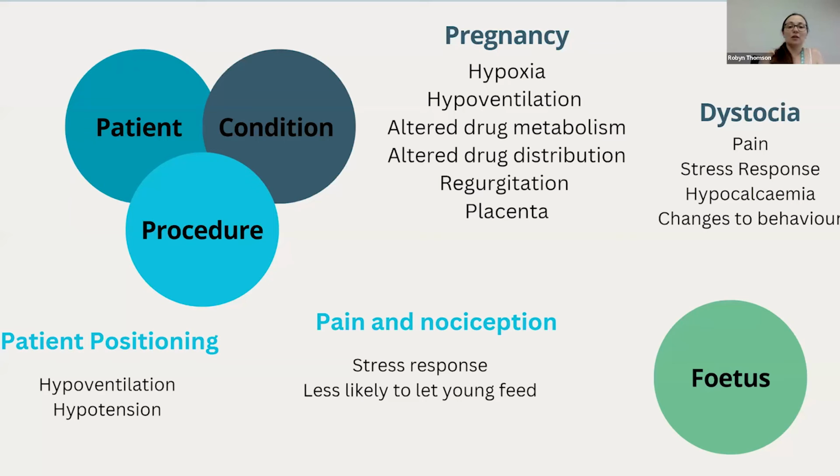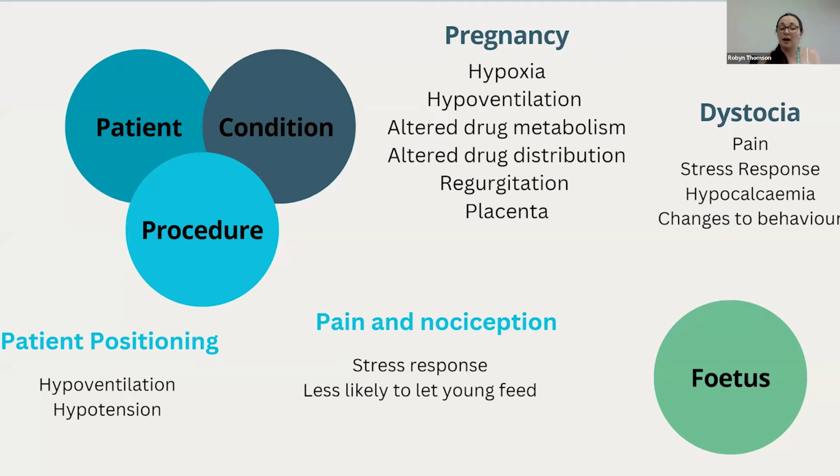So condition. Pregnancy has a huge number of effects on the body. It's not just that we have a big uterus with a fetus growing in there, there's a wonderful array of effects, and I could talk for a very long time about the effects of pregnancy. But generally speaking, pregnancy is potentially going to cause hyperventilation.